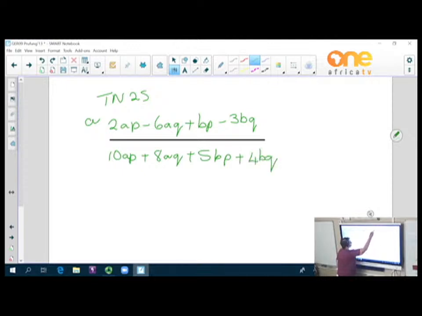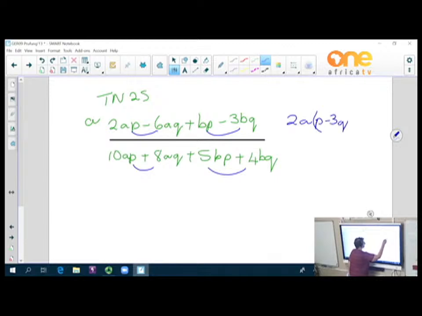Now, this is the fourth method, grouping. There's 4 terms, so I'm going to group them together, and the same thing here. If I group them together there, I can take out a 2A, and then there remains P minus 3Q. If I group here, then I can take out the B, and then there remains P minus 3Q.